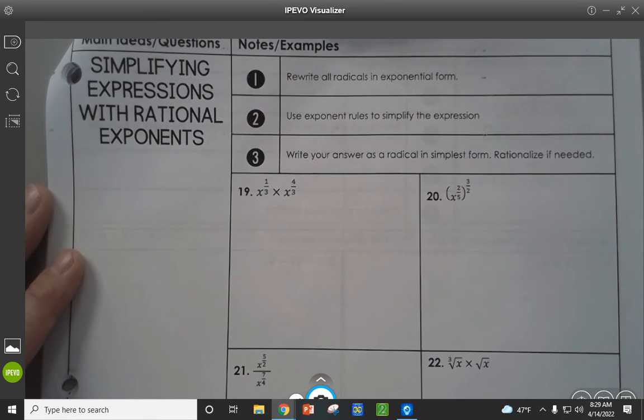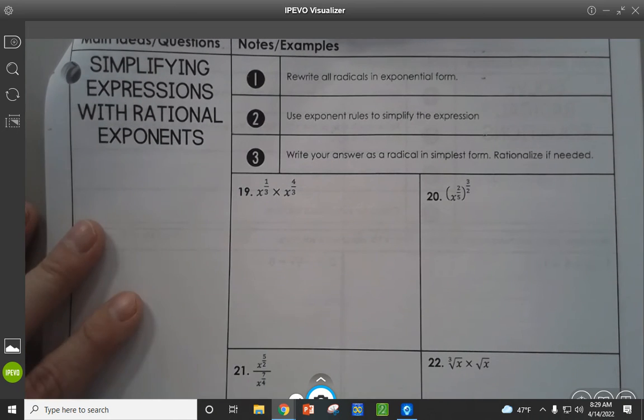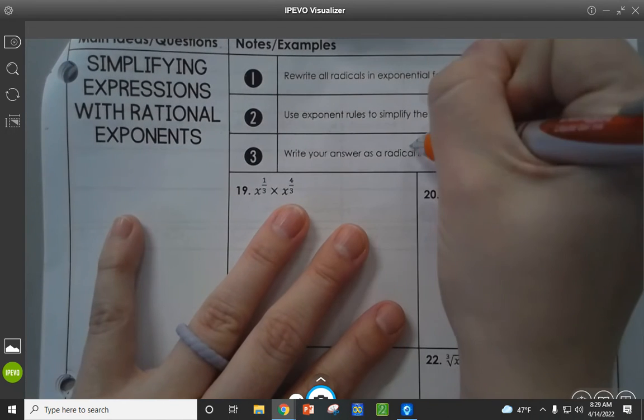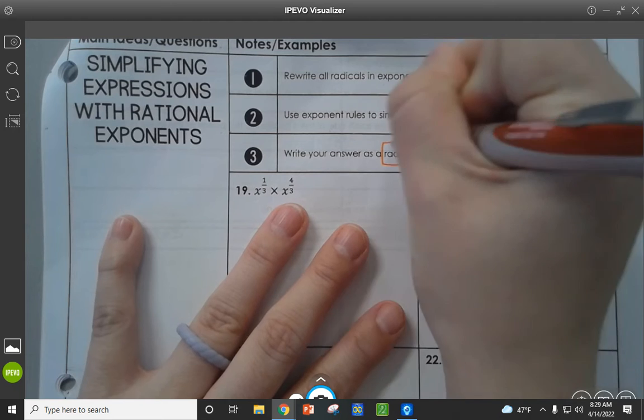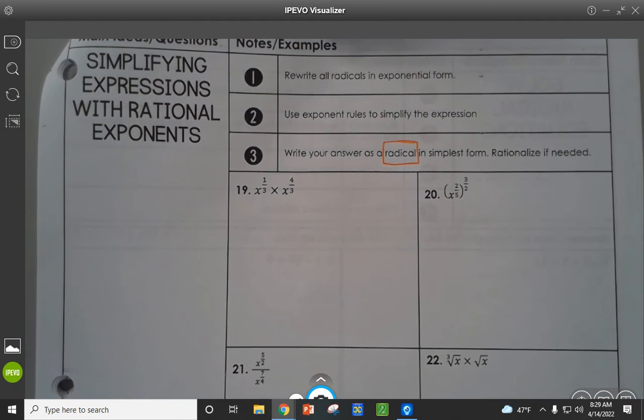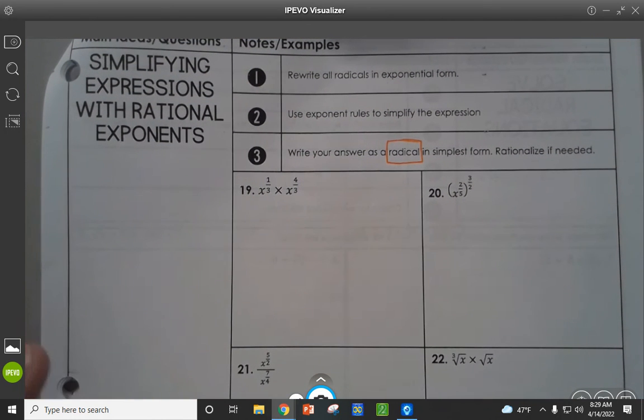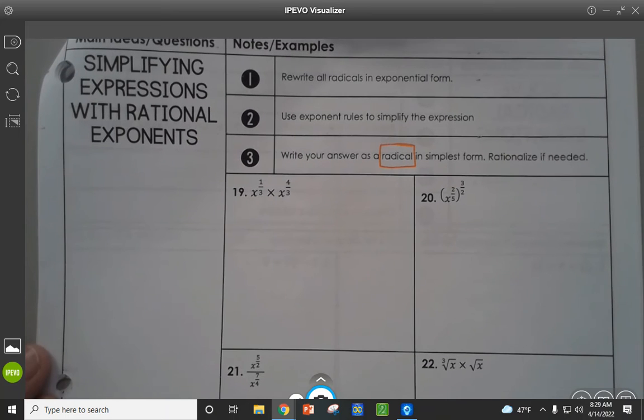And then we use our exponent rules and we simplify, and our final answer we want to write as a radical. So we're going to start with exponents and get everything combined and then put it as a radical.